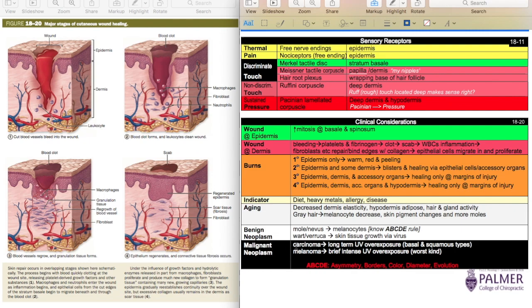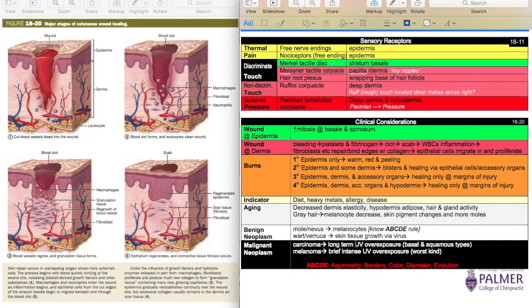Malignant neoplasms, there are going to be two basic types here. You'll learn more different subcategories, but you've got carcinomas and melanomas. Carcinomas are actually the less dangerous type of skin lesion or neoplasm. They come from long-term UV exposure. So lots and lots of years of just being out in the sun.